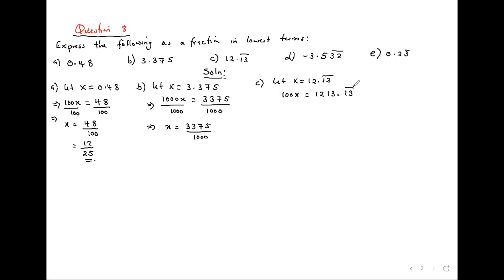If we divide it here by 100, we'll have x is equal to 1213.13 bar over 100. It's a fraction now, but still a decimal on top. We still have the point there.